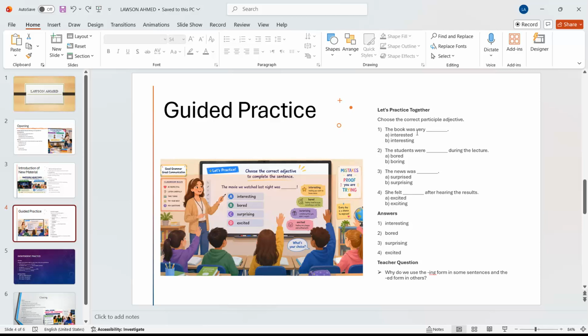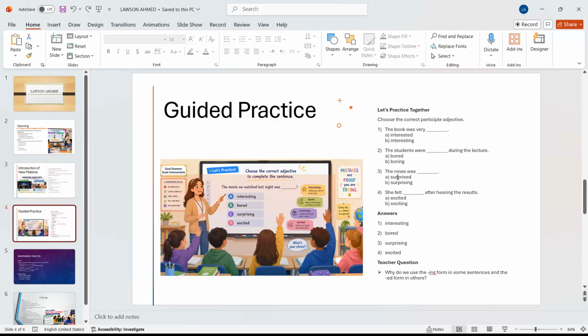So the book was very interesting. And here, the students were dash during the lecture. A. bored, B. boring. Now the students are experiencing the feeling, so we are using bored. The students were bored during the lecture.